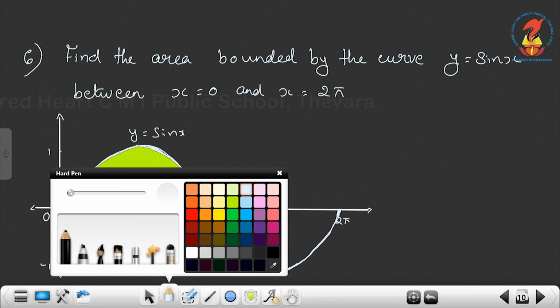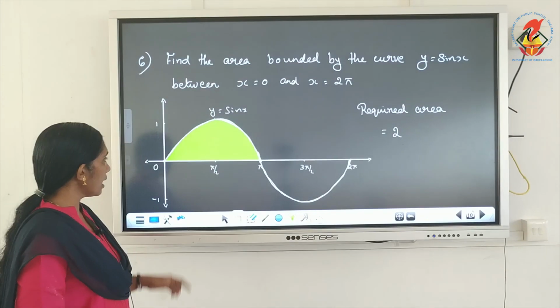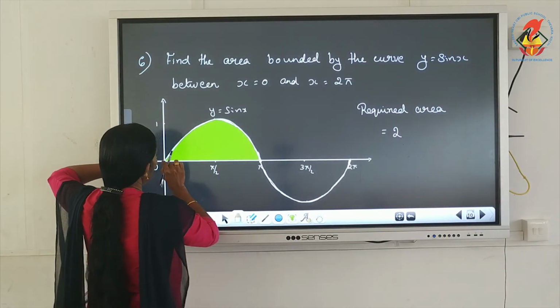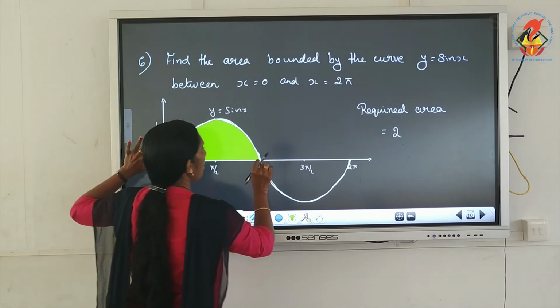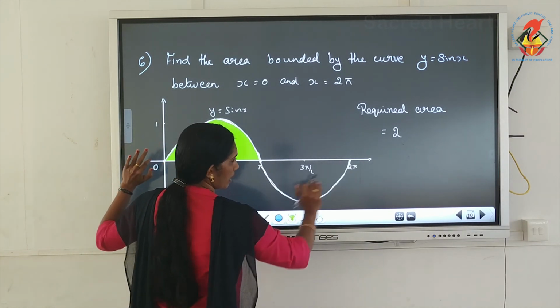Okay. So required area is equal to two times area, from where to where? Integral from 0 to pi. Then pi to 2 pi is the second part.